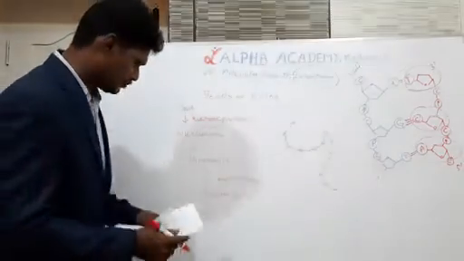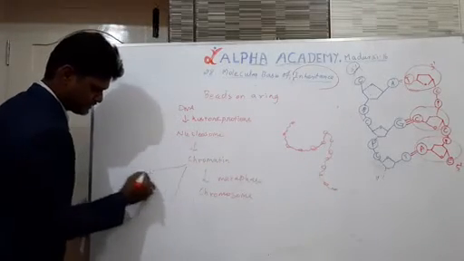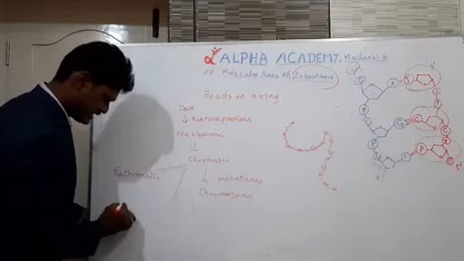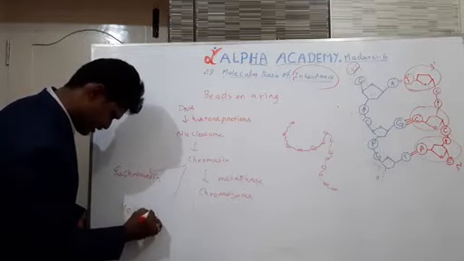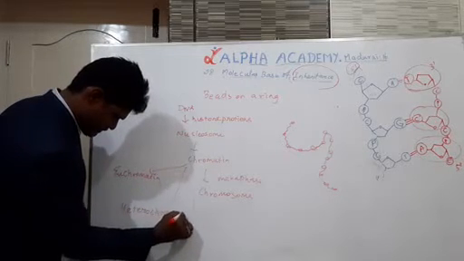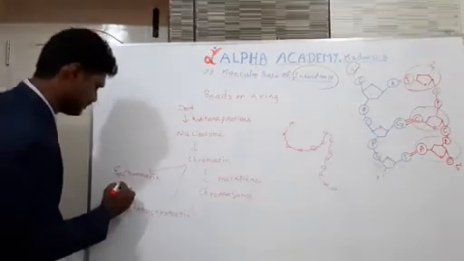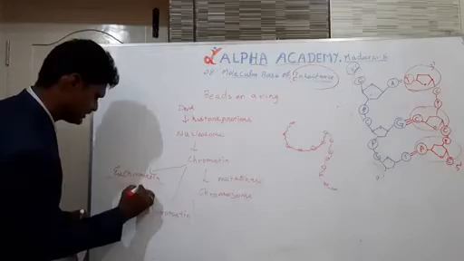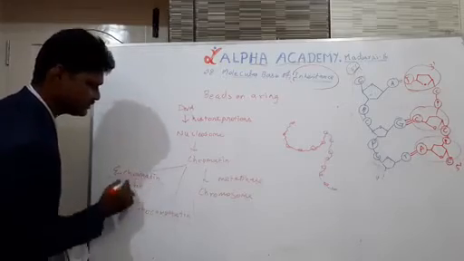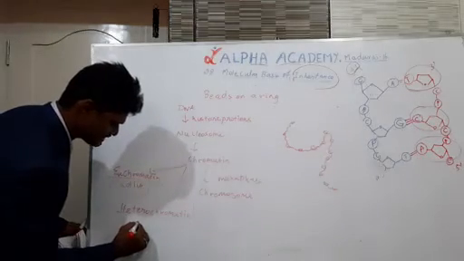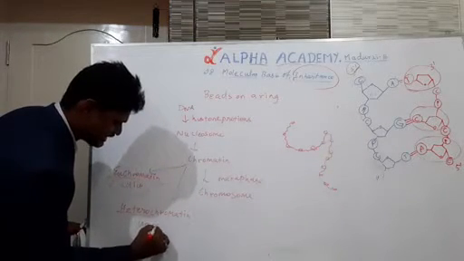Okay. The chromatin is of two types. Euchromatin, heterochromatin. Okay. The euchromatin and heterochromatin, they are transcriptionally active or inactive. Euchromatin is transcriptionally active, whereas heterochromatin is transcriptionally inactive.